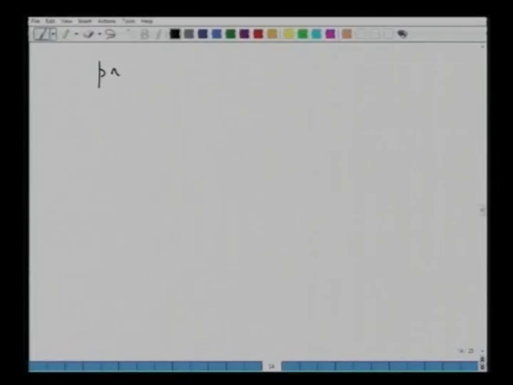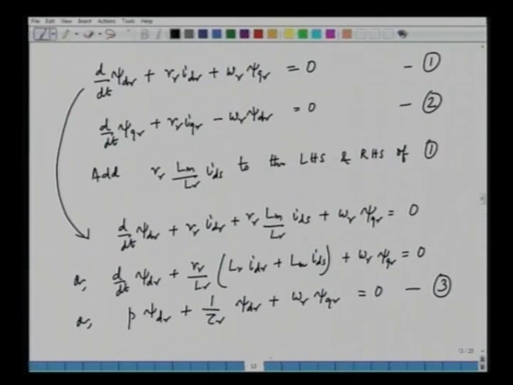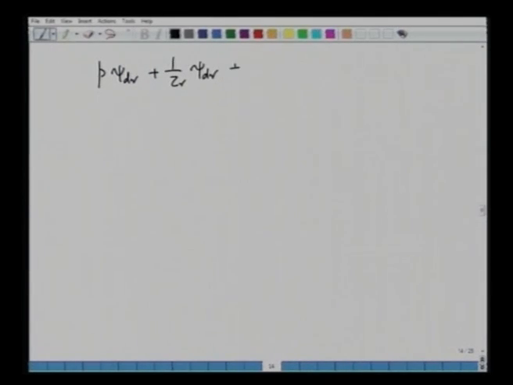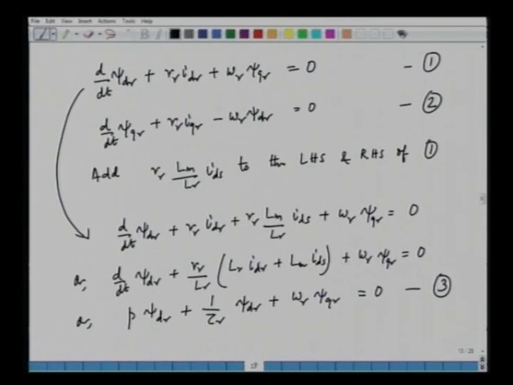So we can just rewrite this equation once again. P psi dr plus 1 by tau r psi dr plus omega r into psi qr is equal to, there is a right hand side term also here, and the right hand side term here is Lm by tau r into IDS.